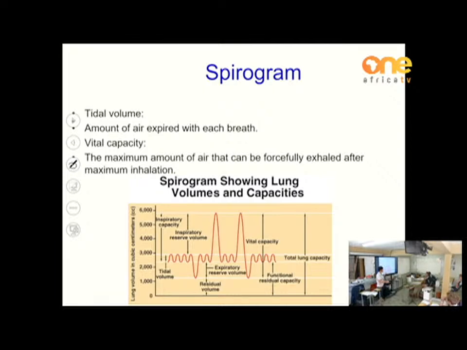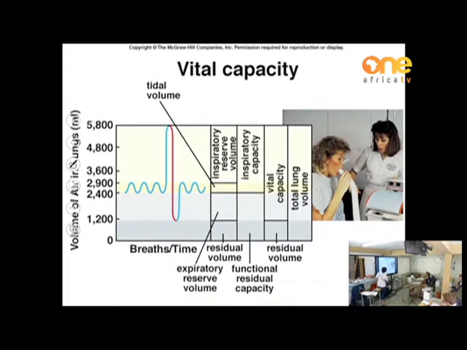But we know when I am exercising, I will increase the amount of air I am breathing in and the amount of air that I am breathing out. So we already know, when I am exercising, I have an increase in the amount of air breathing in and breathing out.